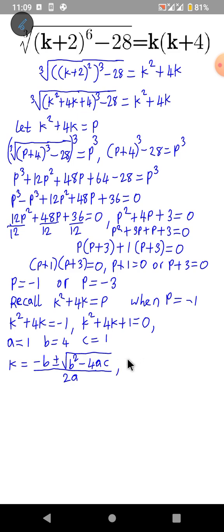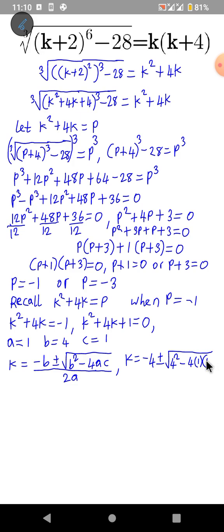Then we'll continue. We say k is equal to minus first, so we say minus, then b is what? 4, so we say minus 4 plus or minus the square root of b squared, that's 4 square, minus 4 times a, which is 1, times again c, which is 1 also.